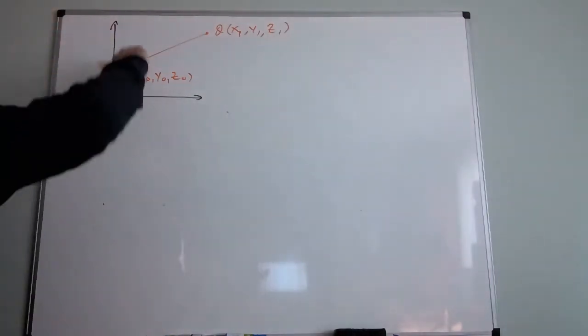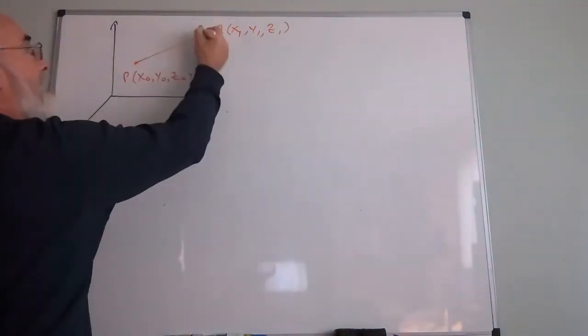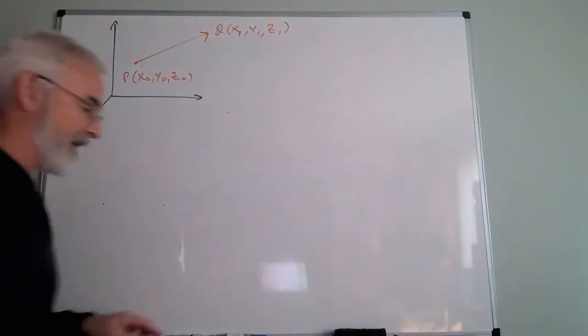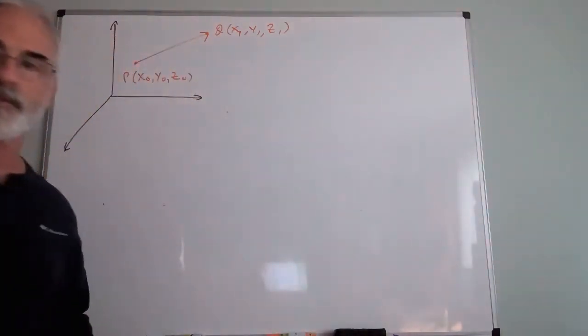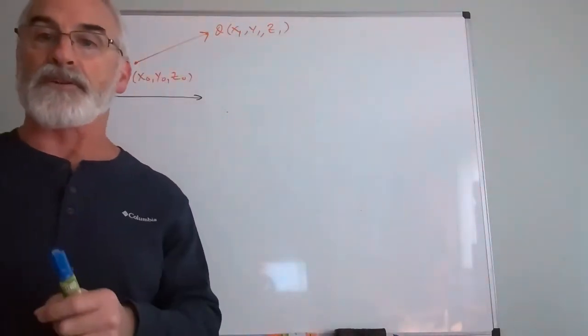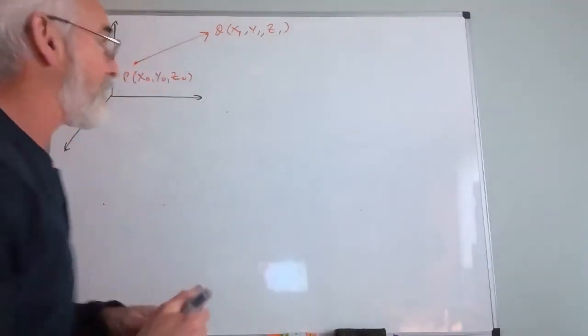I want to find the vector starting at P, ending at Q. So I want that vector right there. Well, we saw last day, it's the vector of differences of coordinates. You don't subtract points. Points have no algebra. I want the vector that contains those coordinates as a difference.